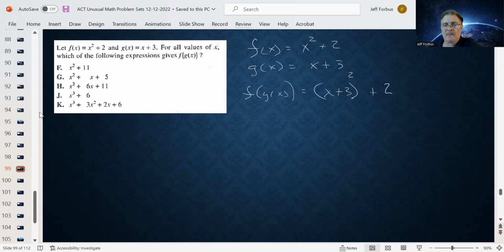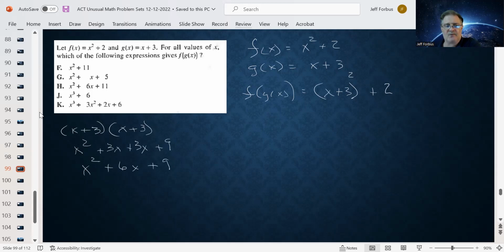Now, x plus 3 squared, I'm going to put over here, means x plus 3 times x plus 3. Do your mechanics of your math, and you're going to get x squared, x times 3, 3x, and then 3 times x, 3x, and then 3 times 3 is 9. Clean up your math: x squared plus 6x plus 9.